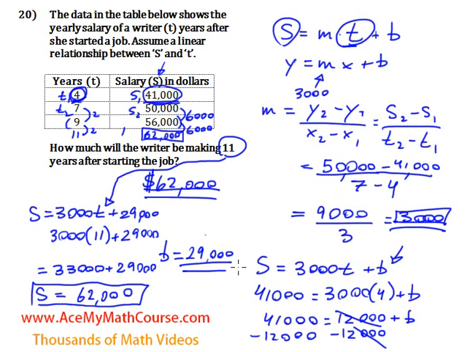So I would say, please be ready to answer the question in this way as well. Figure out the equation of the line, plug the numbers in, eventually the 11 in for T, to figure out the salary 11 years after the worker started the job. That's it.